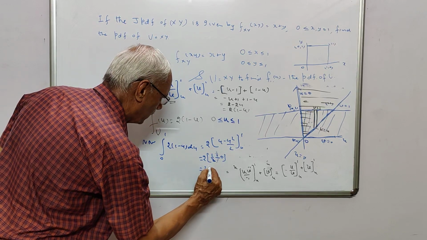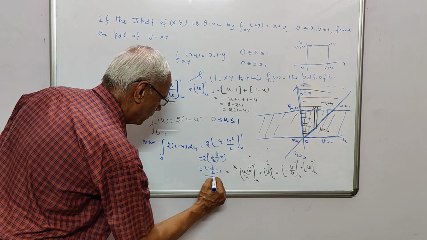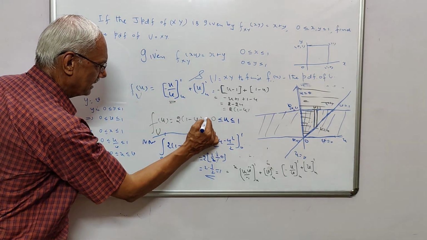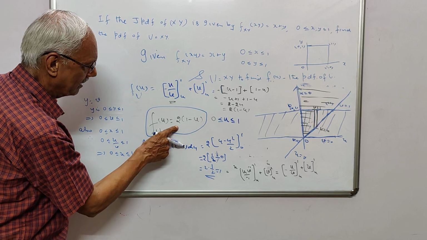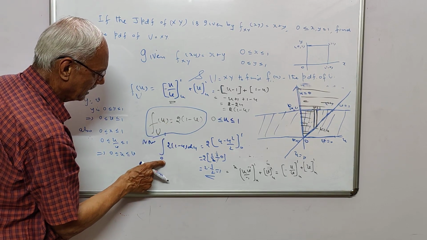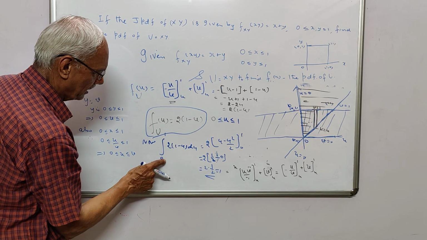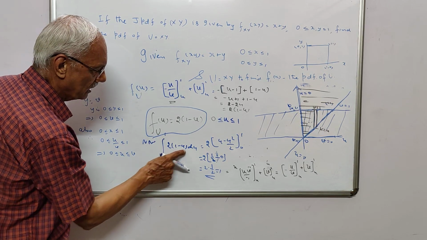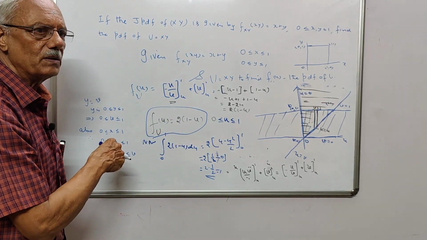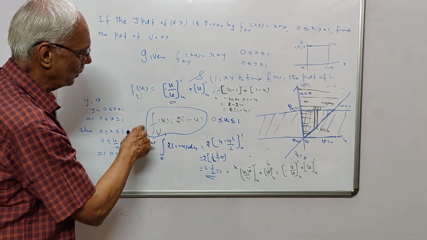So this is equal to what? 2 into half, that is equal to 1. So you see that our function is very much correct, because this integral over the interval 0 to 1 is equal to 1. Therefore this is a valid marginal probability density function of u.